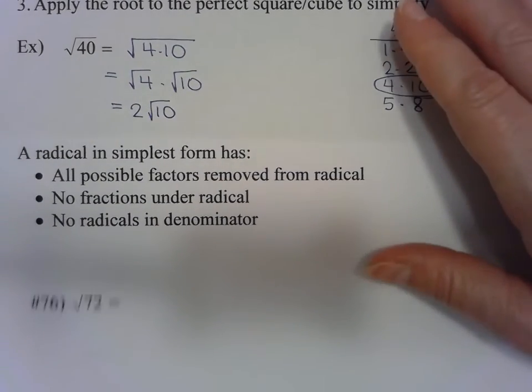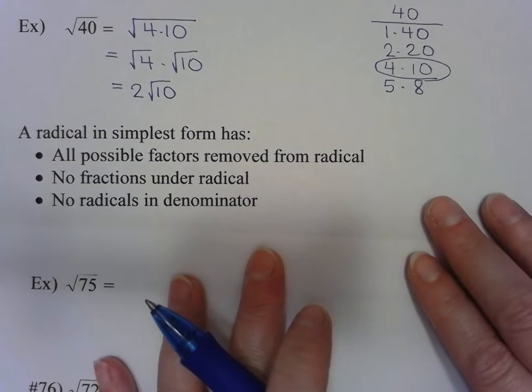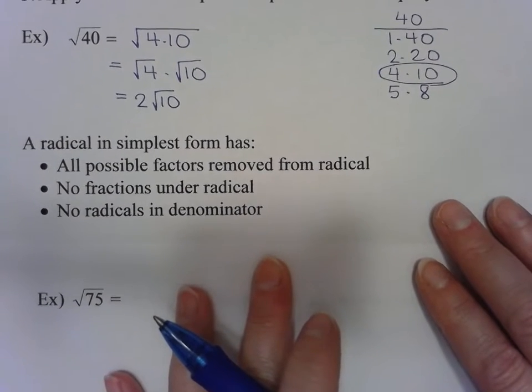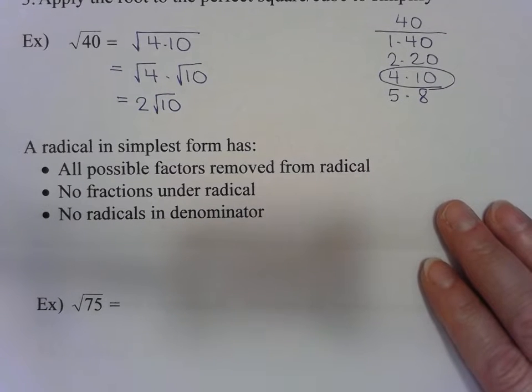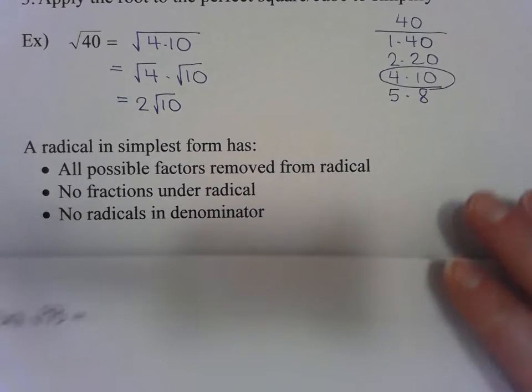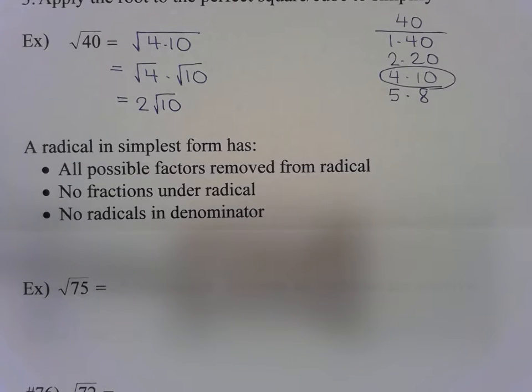Okay, so beyond that, I just wanted to try out a few examples with you, just to give you the basic idea. So we'll start with this one. Okay, so let's try the square root of 75. Works the same way. We want to break up 75 into two numbers that are multiplied, one of which being a perfect square.